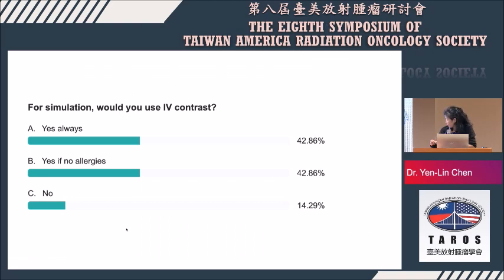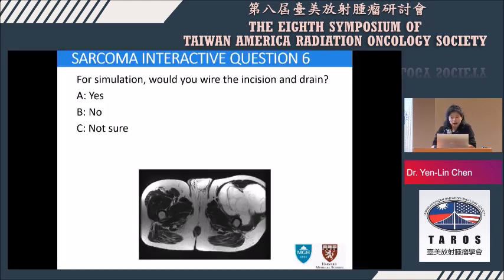Okay, so I think the vast majority would do either yes always, and I presume if someone's allergic, maybe pre-medicate, or yes, only if no allergy, and a small fraction would not use any IV contrast. Okay, next. For simulation, would you wire the incision and drain?